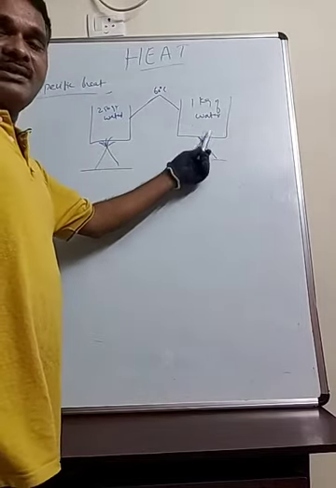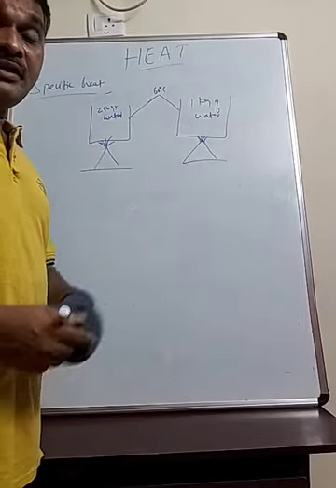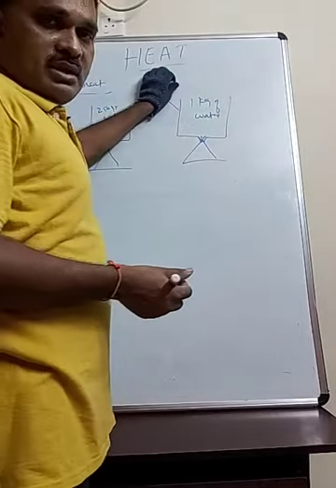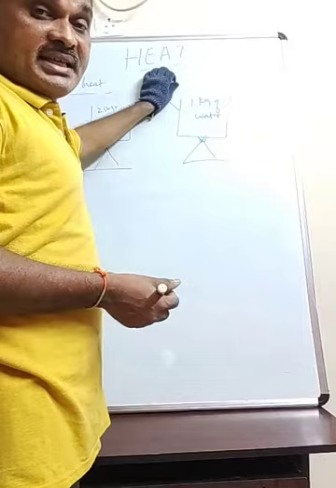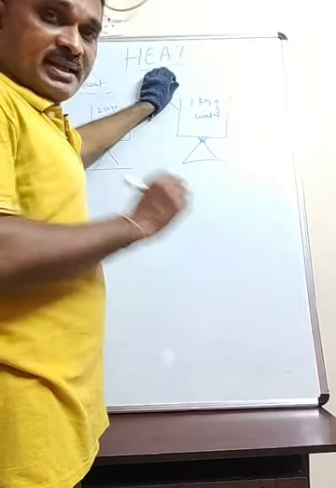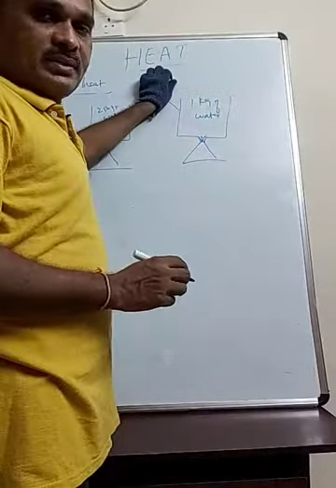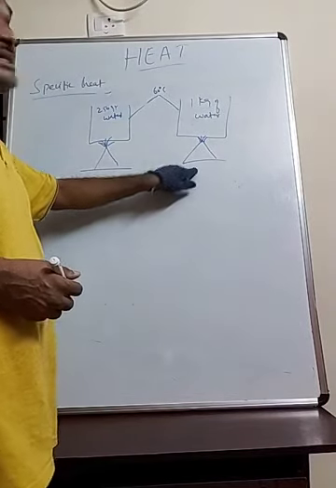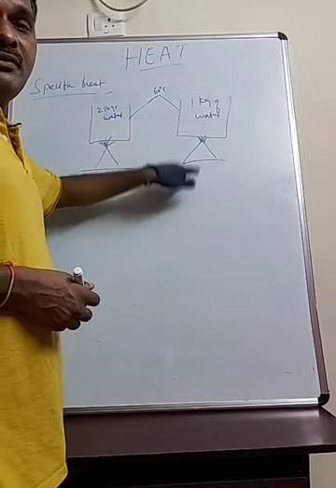Obviously, this is 1 kg of water. So with that, we can understand that if the change in temperature is constant, that is 60 degrees centigrade only, then the amount of heat is directly proportional to the mass of the water.